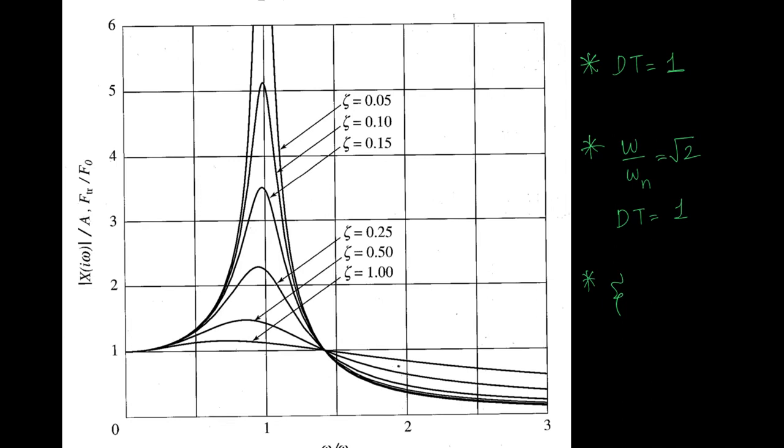If you need to design your vibration isolation, the parameters that you need to play around with are the zeta value and your omega n value. You should play around with these two values, which are at the disposal of a particular designer, so that you can keep your passengers safe and you can give them all the comfort.